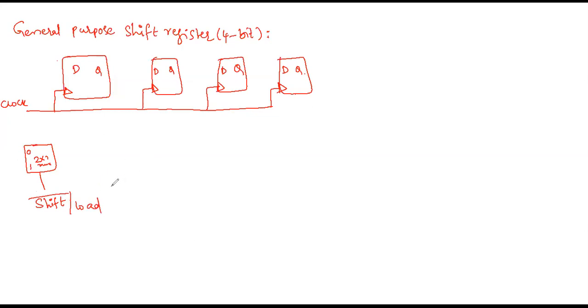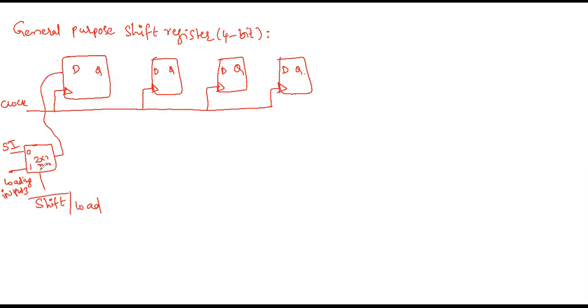And for 0, we are applying serial input SI, and this one we are applying loading input 3. From here we are applying to the input of D flip-flop.